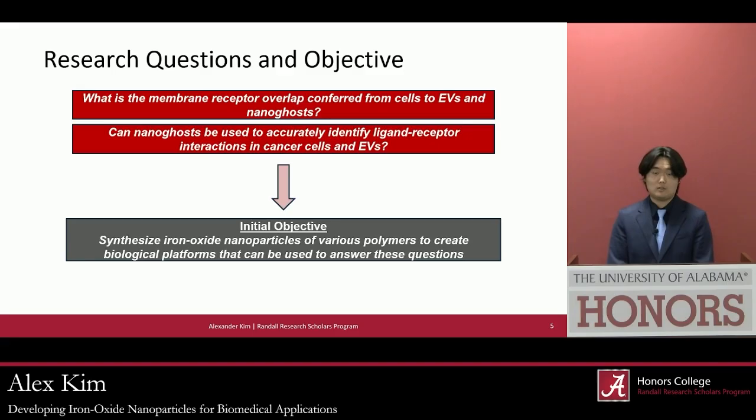If we can use nanoghosts as tools to accurately determine what compounds cancer cell membrane receptors interact with, we can more quickly and effectively determine what potential drugs might be useful as real-world treatment options for cancer. And this leads to our initial objective of synthesizing iron oxide nanoparticles with various polymers to create biological platforms that we can use to answer these questions.